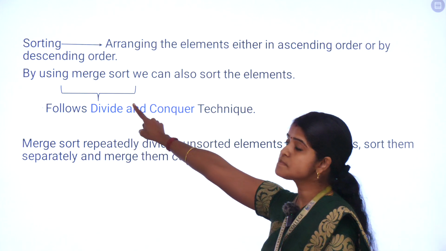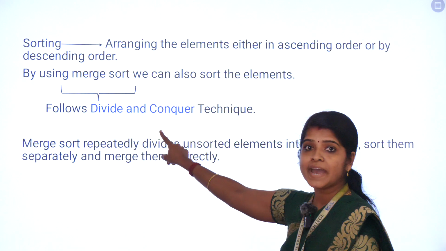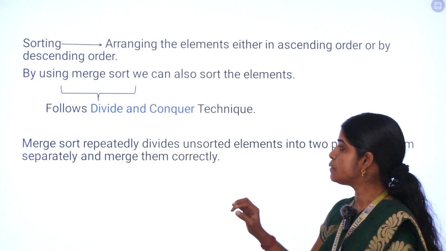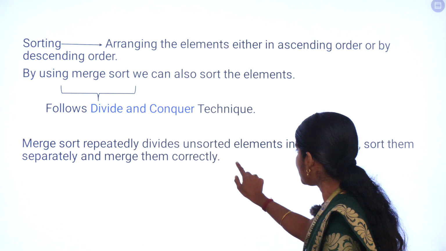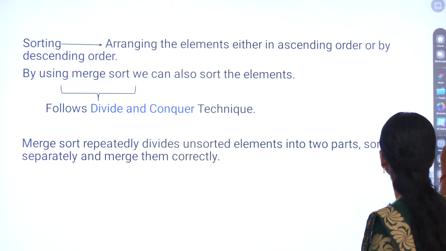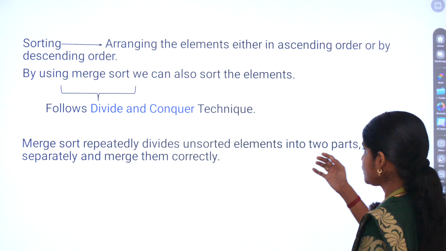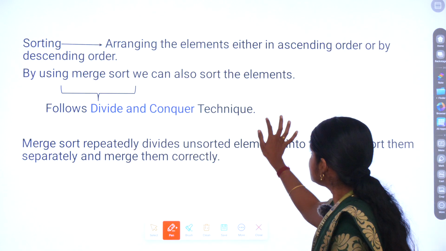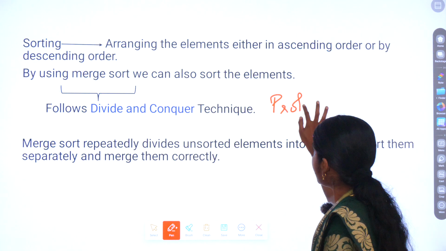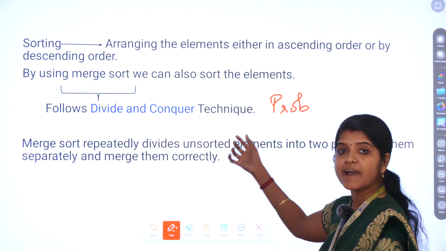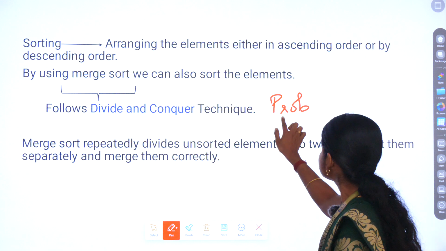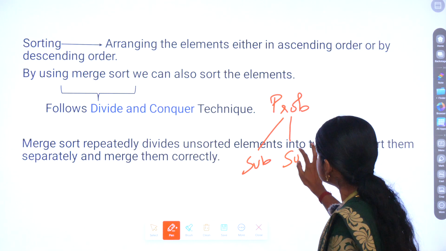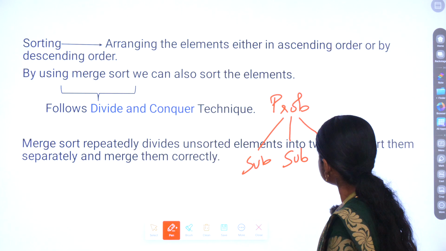Here merge sort follows the divide and conquer technique. Divide and conquer technique is nothing but, consider there is a large problem, and this problem is divided into so many subproblems.